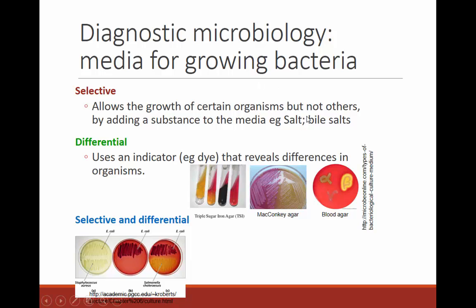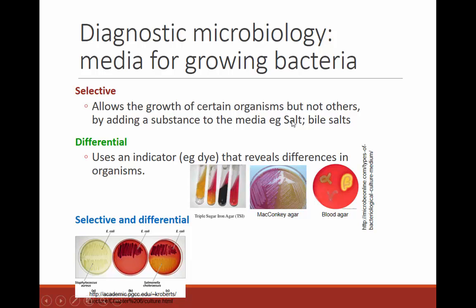So if we put bile salts in the agar, bacteria that are used to bile salts will grow, and ones that aren't won't grow. Bile salts are used in a lot of the Enterobacteriaceae growth, so things like E. coli can be grown with bile salt. So we can select out for particular populations.